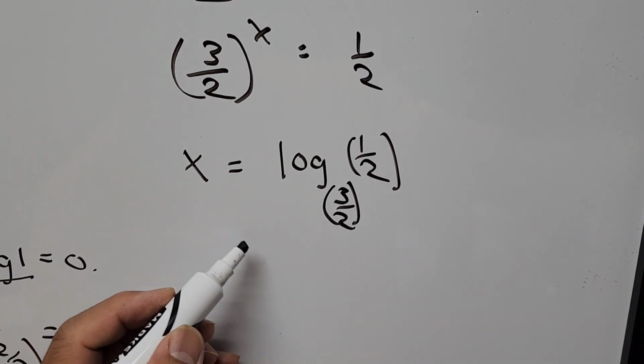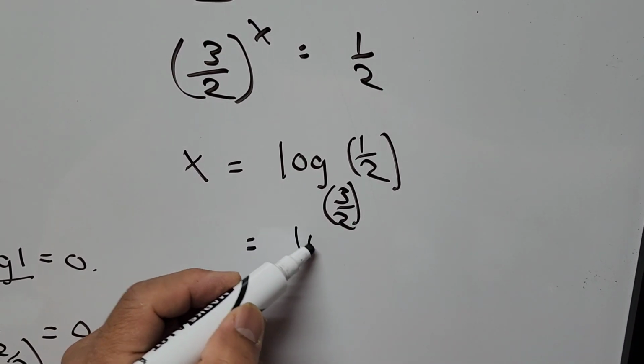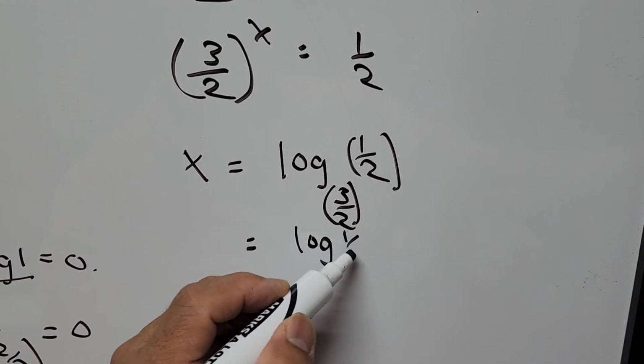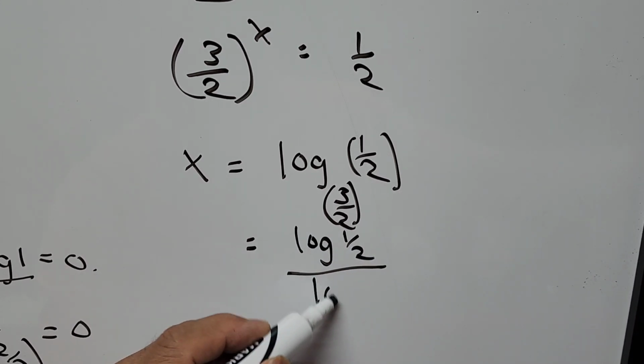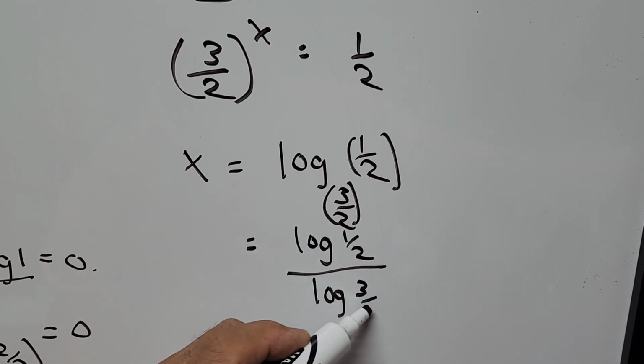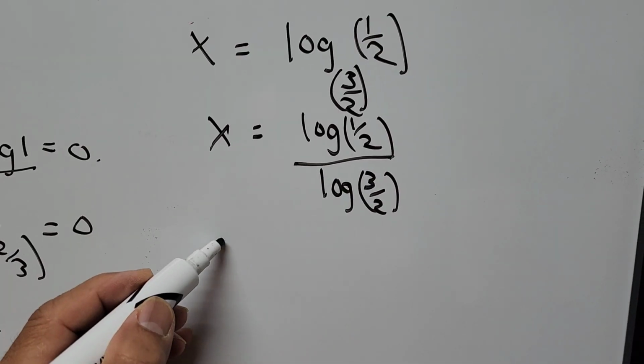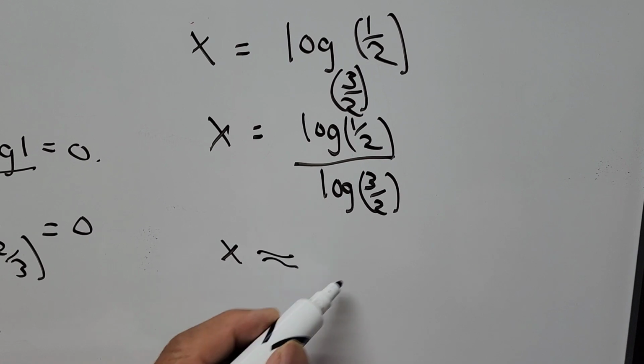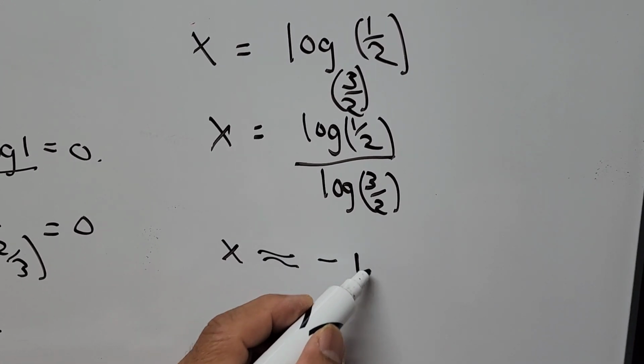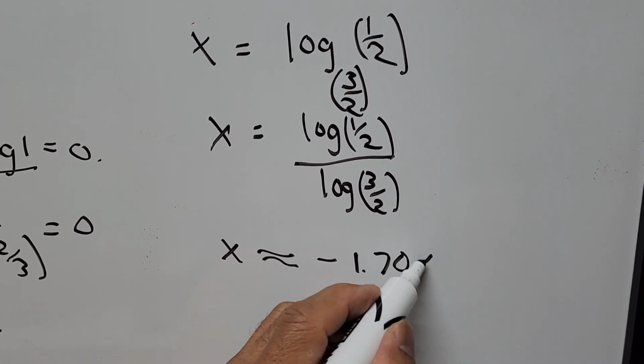And this can be written the same way as log of 1/2 divided by log of 3/2. So x is approximately equal to negative 1.7095.